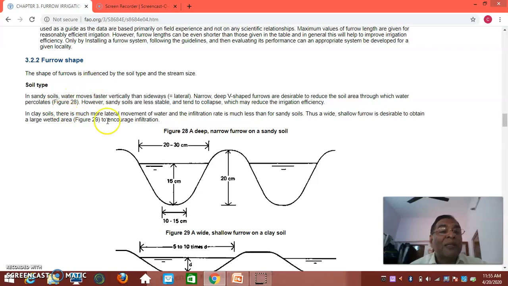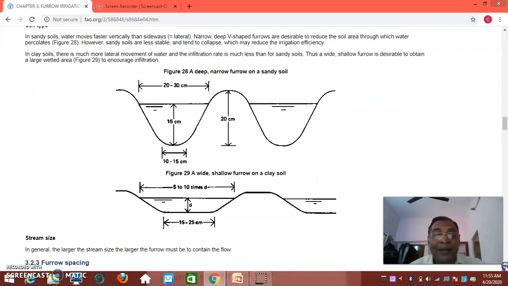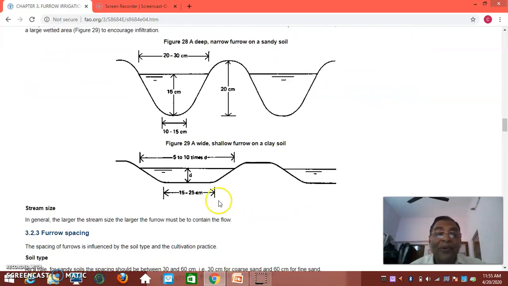Just for shape, you can see these are the deep furrows, 20 to 30 centimeters, 15 centimeters in height. These are for your idea. And this is somewhat wider, bigger, but shallow.